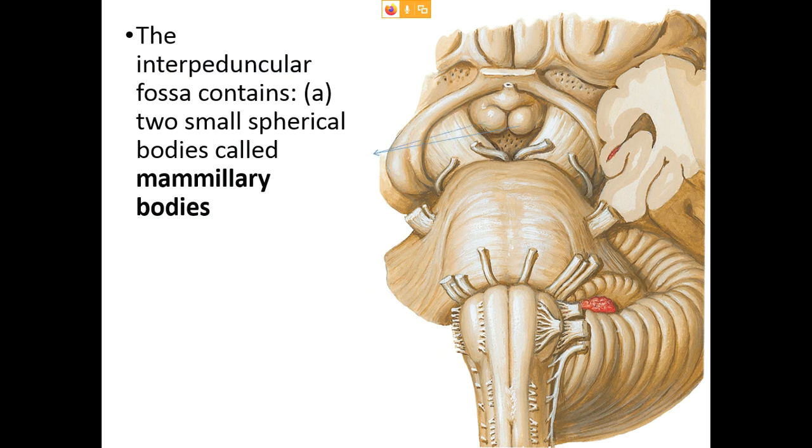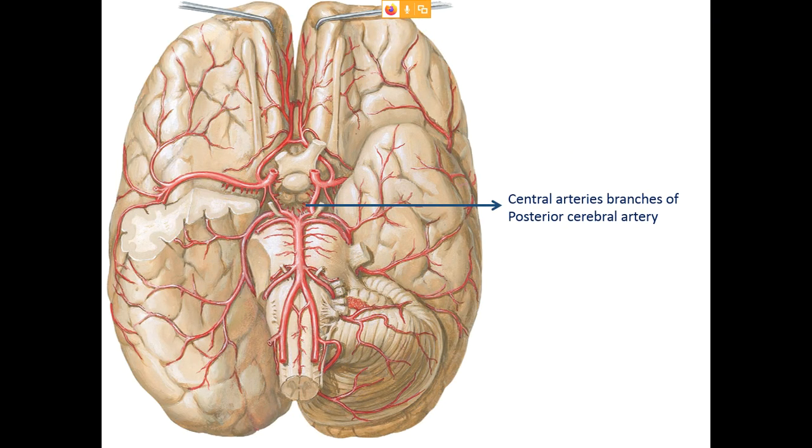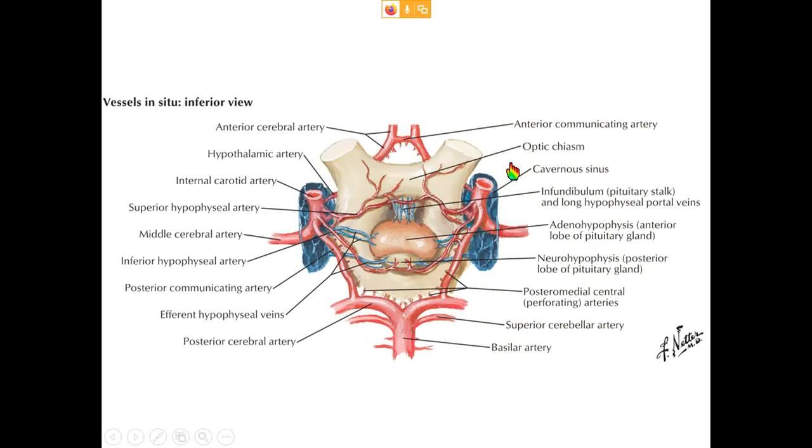These are the mammillary bodies, and here you can see the posterior perforated substance, and these are the central branches of the posterior cerebral artery. This is nothing but the circle of Willis or polygon of Willis. Here you can see clearly the blood vessels present in this particular area.